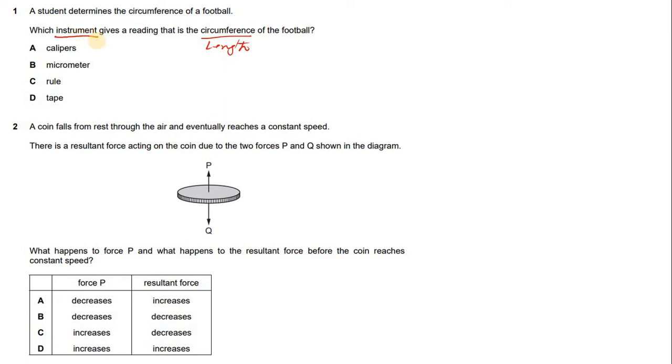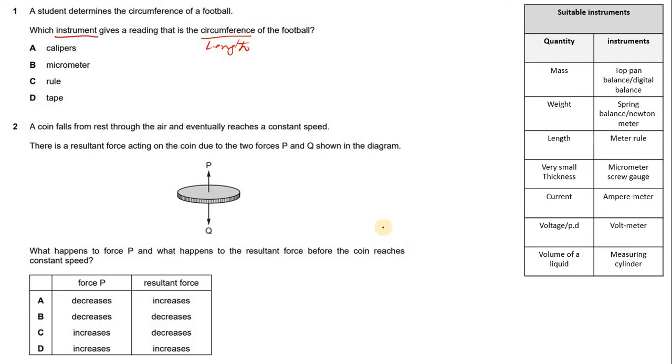Basically here, because you know that a football is spherical, you cannot use a meter rule or meter stick. So I will give you a table of the most common quantities and the most common instruments. Mass we measure with a top pan balance and digital balance.